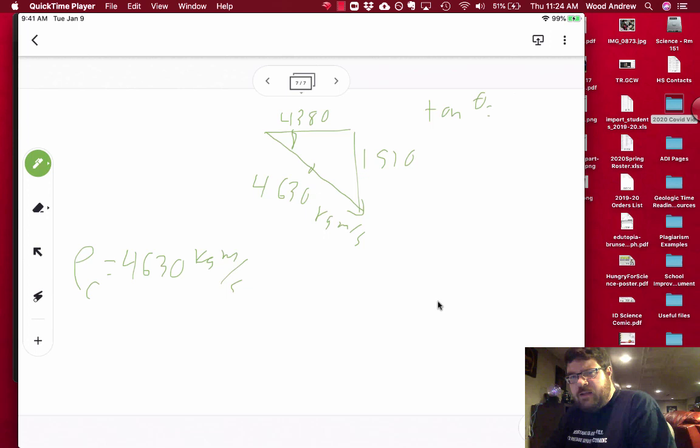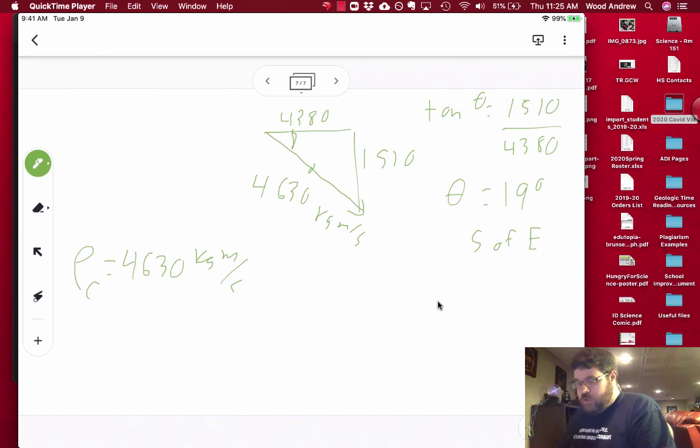Writing on an iPad is an acquired skill that I haven't really acquired yet. We'll get there. So tangent would be opposite over adjacent. 1,510 over 4,380. So theta will be 19 degrees, and that would be to the south of east.